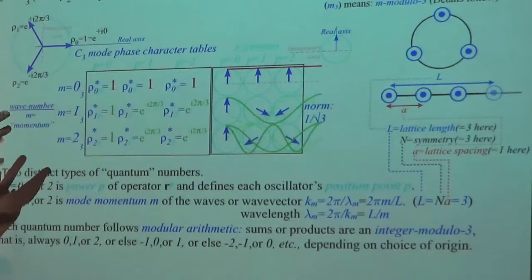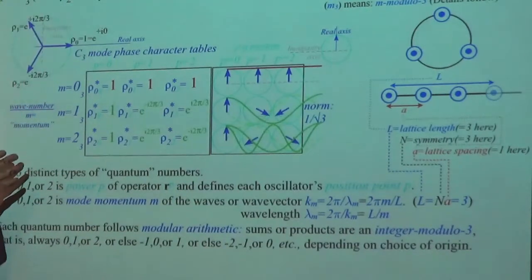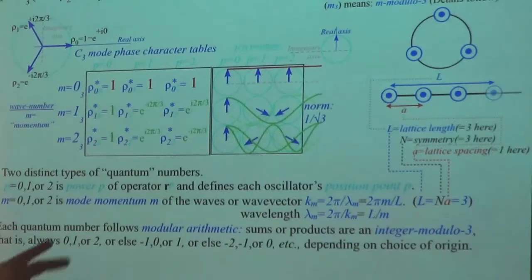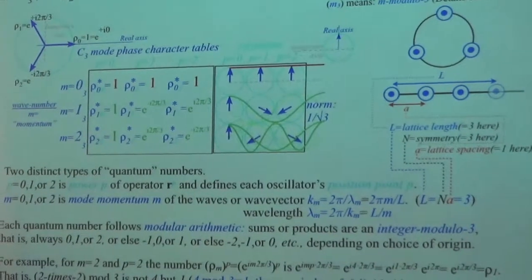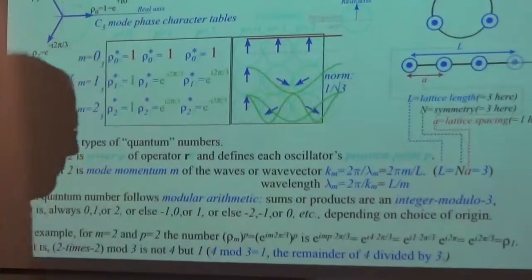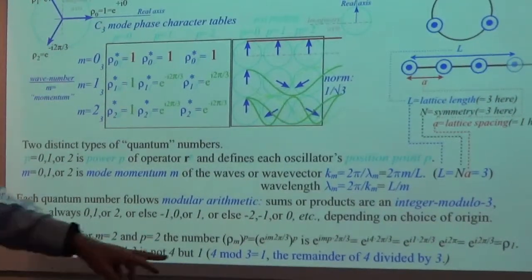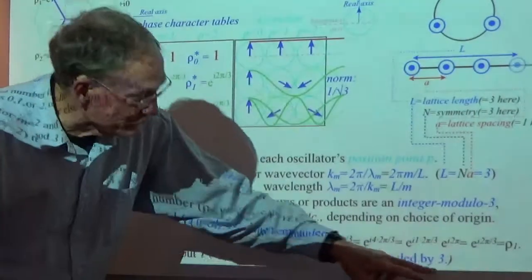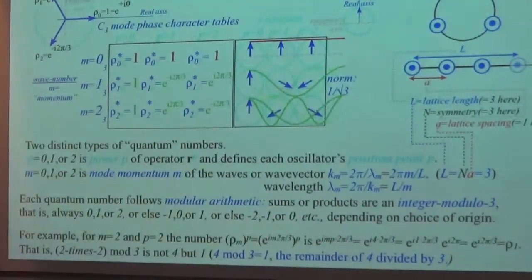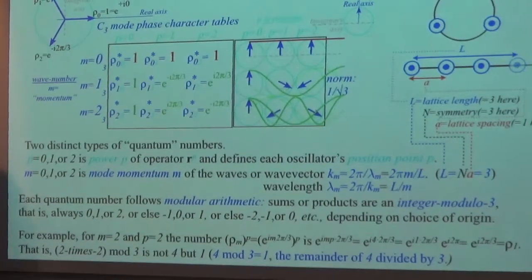So all of the wave theory sort of springs out automatically when you take the symmetry road to solving problems that involve objects that have that symmetry in question. Okay? A little bit of modular arithmetic. 4 mod 3 is just the remainder of 4 divided by 3. That's probably the easiest way to say what we mean by 4 mod 3.